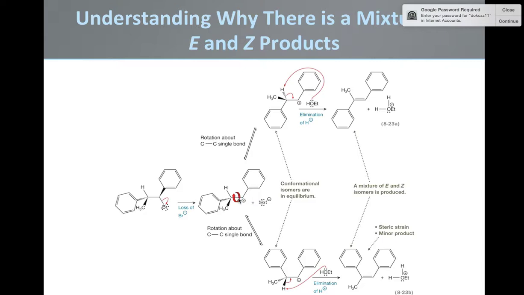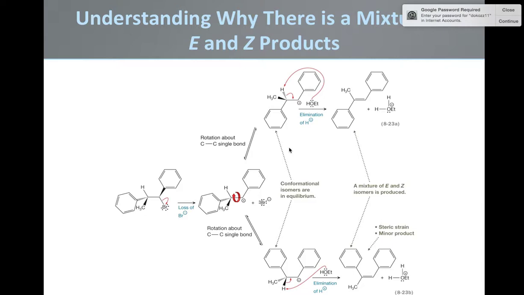I can have rotation about this carbon-carbon single bond such that the carbocation is cis-like, or if I don't have rotation, it is trans-like.